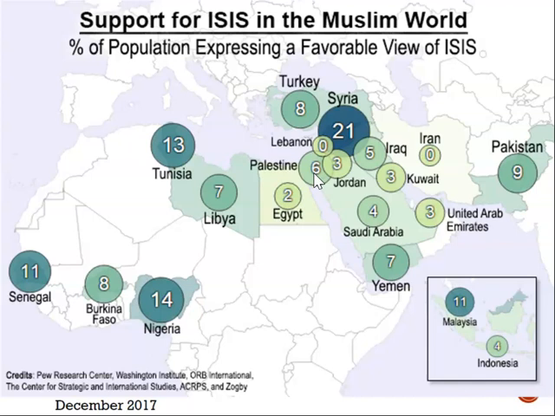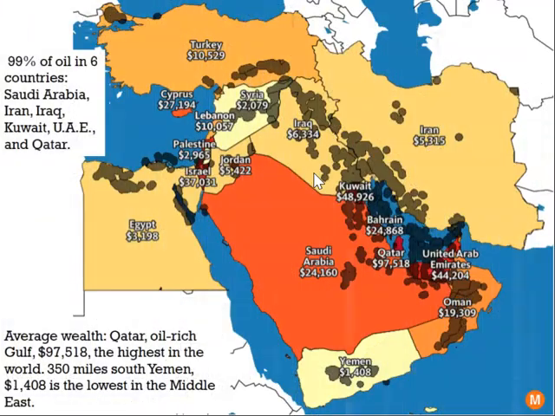But ISIS, of course, is a radical group, and it's pushing for an independent Islamic state in Syria, Iraq, and I think they probably have dreams of having it spread across the Middle East, maybe across the world. But the number of people supporting this is pretty low. Even in Syria, where you would think it'd be very high, it's 21%. So again, our ideas about what's going on may be in error, or we may exaggerate it.